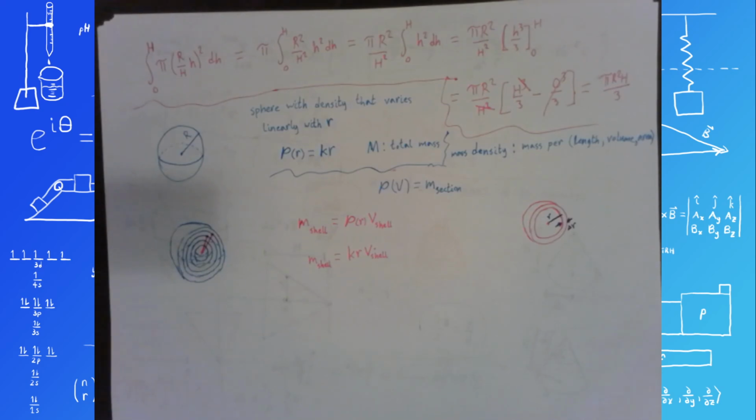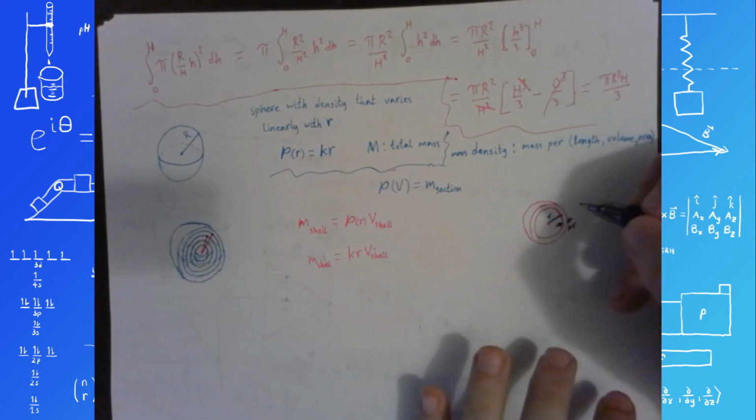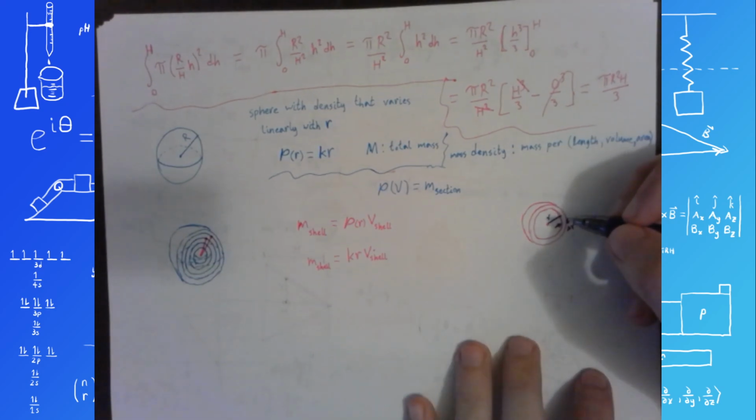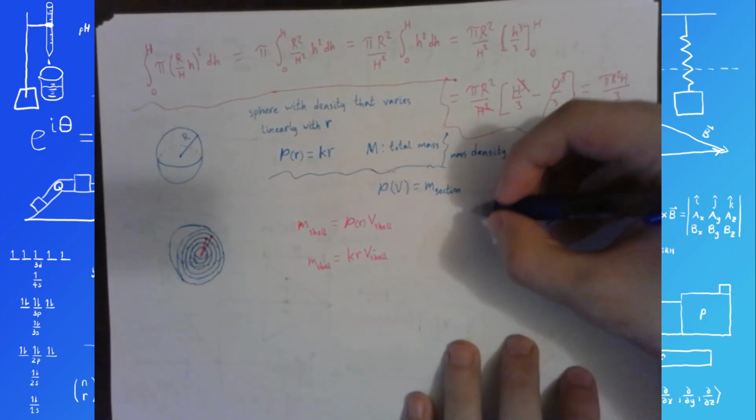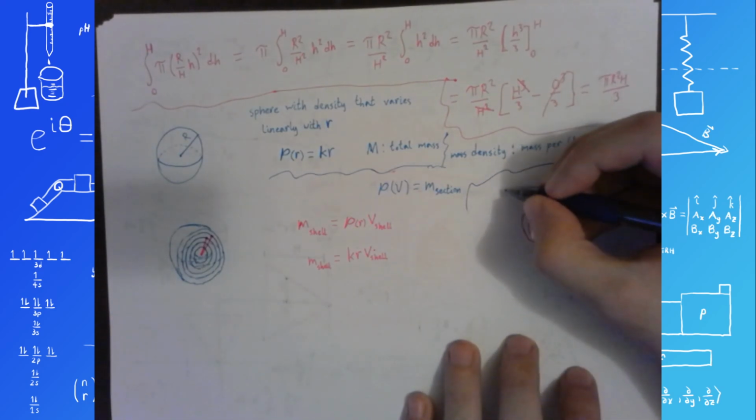And what I can do to calculate the volume of this shell is I can calculate the surface area of a sphere. I know the surface area formula for a sphere. I would hope that you recognize this.